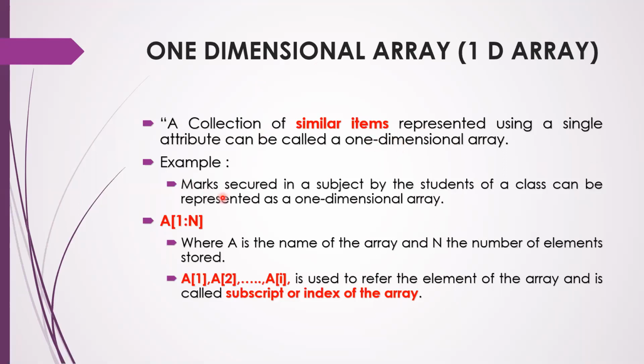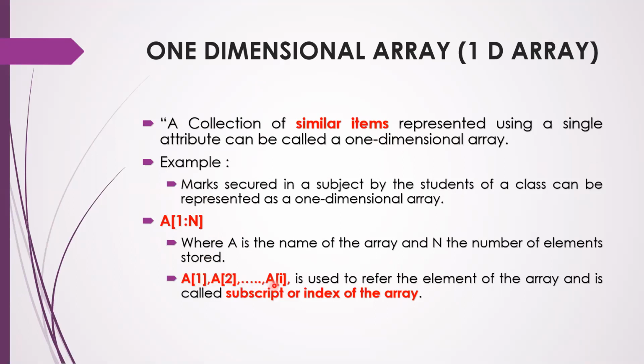For example, we are going to store the students' marks of a class in a one-dimensional array. So A is the name of the array, and 1 to n is the number of elements stored, from A of 1, A of 2, up to A of i.